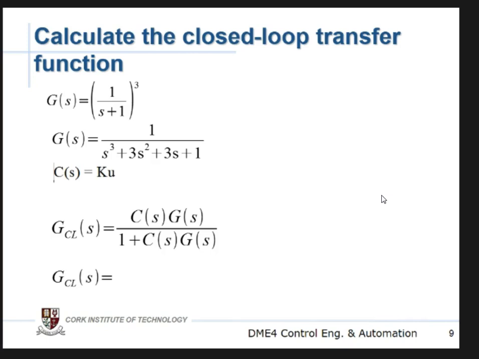Okay, the 1 over (s plus 1) cubed I've worked out for you, so you don't need to work this bit out. It is going to give us 1 over s cubed plus 3s squared plus 3s plus 1. Ku is your controller gain, and you want to work it out.